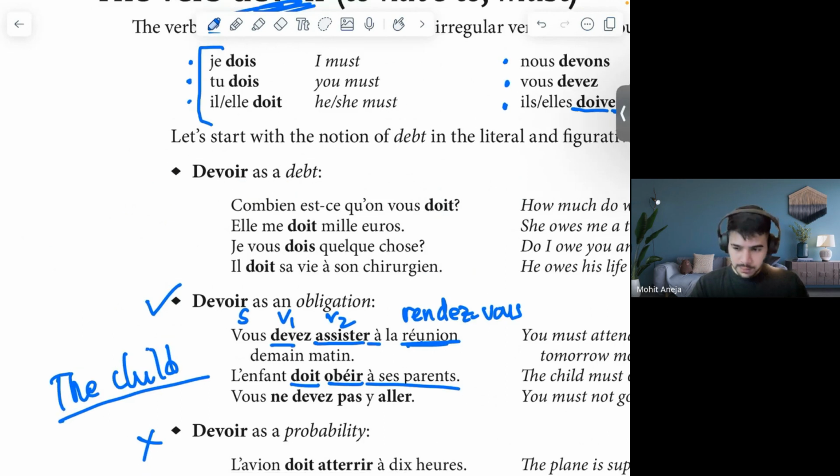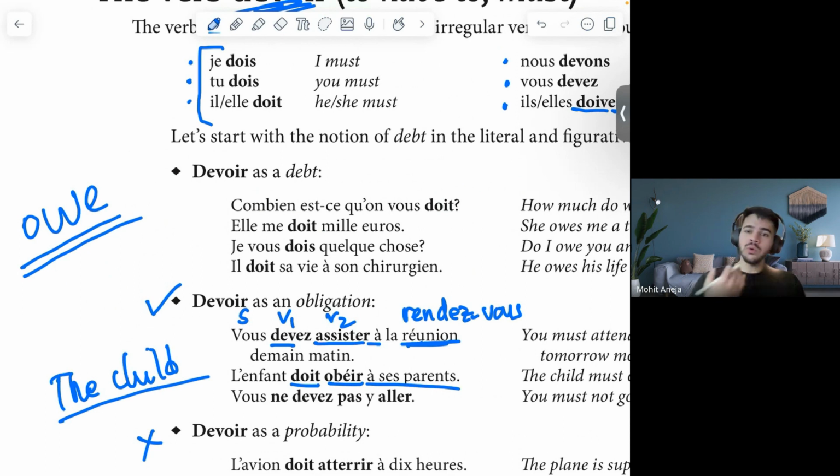When we have debt, as in when we owe money to someone or owe something to someone, the word owe in English translates to devoir in French. So I owe $10 to you, I would say je vous dois 10 dollars. Okay, dois. These three things are important. Je vous dois 30 rupees, 30 dollars, it could be anything, but what I am trying to teach you is je vous dois 10 dollars, the currency came in.